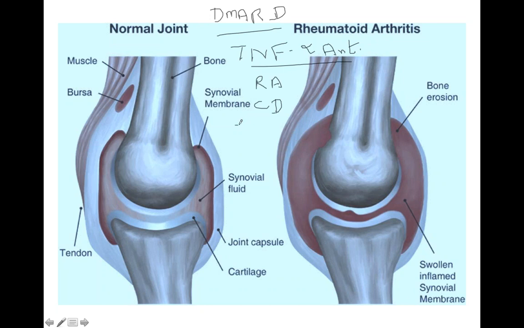They are also used in seronegative spondyloarthropathies like ankylosing spondylitis, or if the patient has reactive arthritis, psoriatic arthritis, enteropathic arthritis. So in seronegative spondyloarthropathies also we give the patient TNF alpha antagonist.